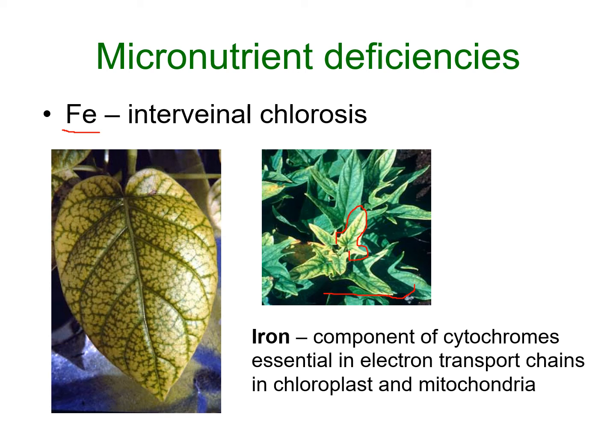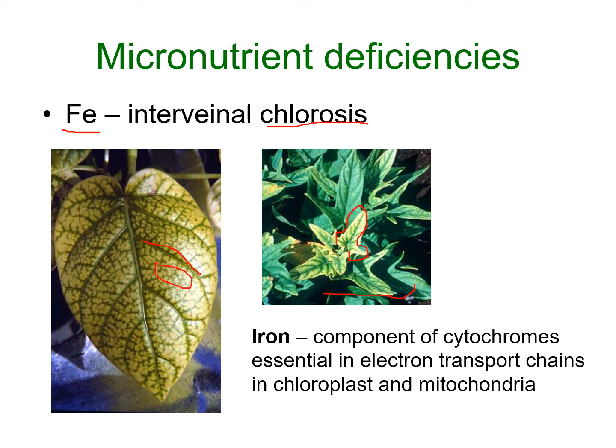And one of the classic symptoms is what we call interveinal chlorosis. That means chlorosis is breakdown of chlorophyll, so it doesn't have enough chlorophyll, and you can see that by it showing up as yellow rather than green, but in between the veins.